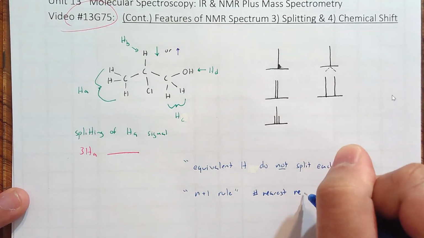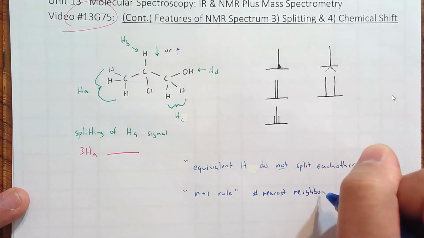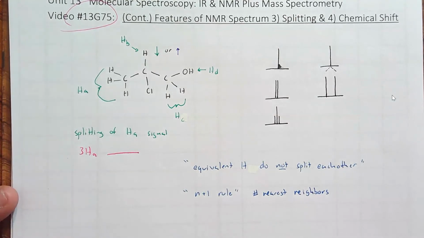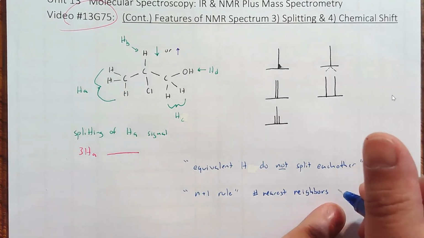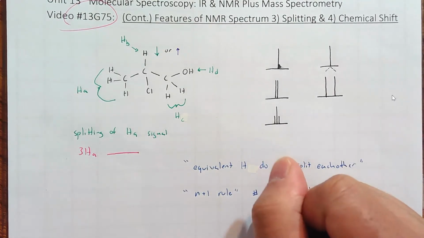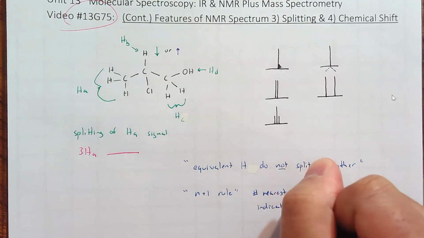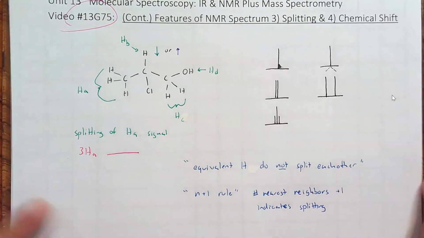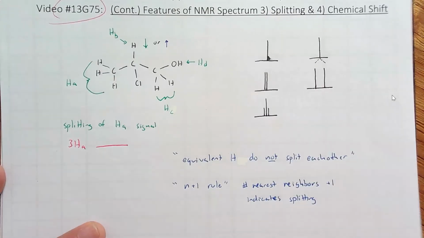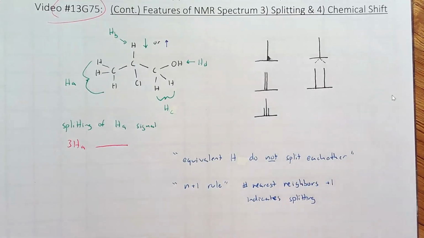Now there's going to be some exceptions, okay? For this video, all the examples I show are going to be very, very clean. It will follow this rule. Number of nearest neighbors plus 1 indicates the splitting. I know we just talked about this now, but do you see the powers?